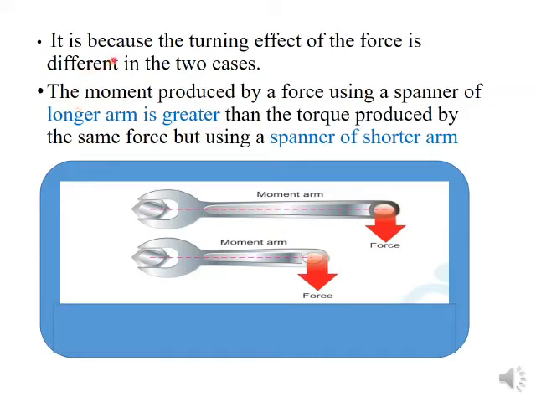It is because the turning effect of the force is different in the two cases. The moment produced by a force using a spanner of longer arm is greater than the torque produced by the same force using a spanner of short arm.